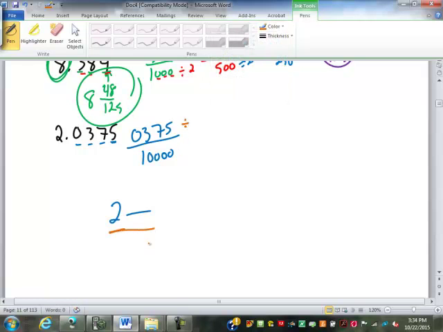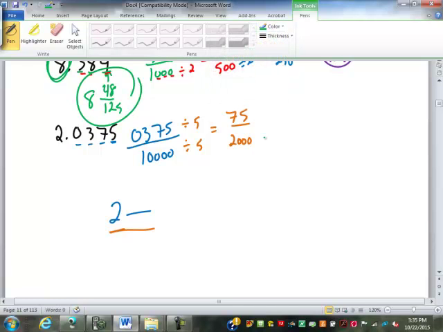Divide by 5. Okay, what do we get? Good. That again by 5. Still divisible by 5.